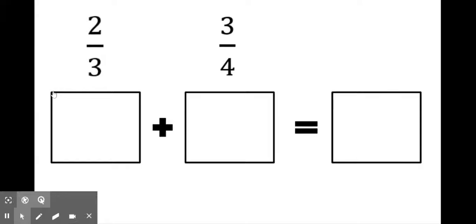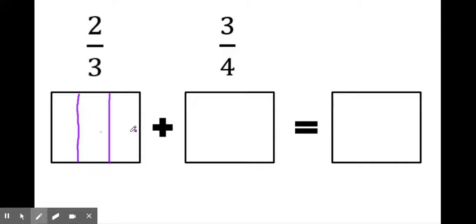First, you need to create a rectangle that is the same size for both of your fractions. Next, you need to partition or divide each of your rectangles into equal parts that match the denominators. The first area model needs to be divided either vertically or horizontally.